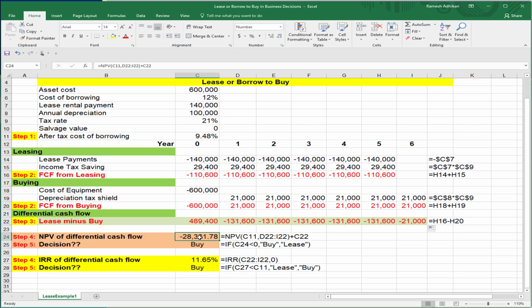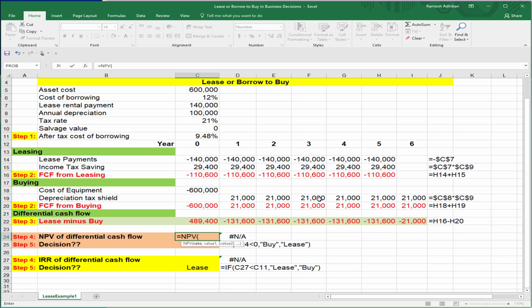And now once you compute incremental cash flow, we are in step number 4. And remember, step number 4 is to compute the NPV or IRR for incremental cash flow. I'm going to compute here NPV for incremental cash flow. It's going to be equals to NPV and the rate. Remember, what rate are you going to use? Are you going to use cost of borrowing or after-tax cost of borrowing?